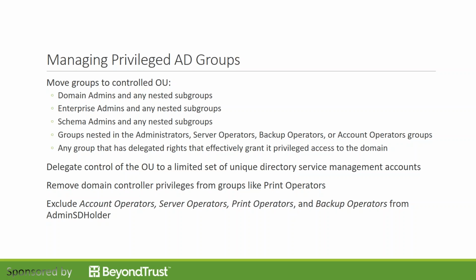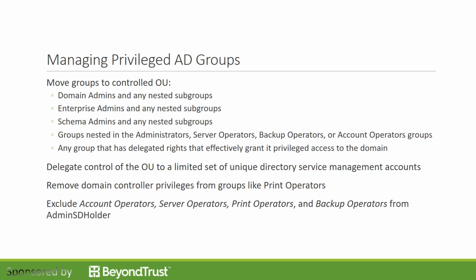So how do we actually manage these privileged AD groups? Well, one method that you can use if you don't have the means to deploy anything more sophisticated is that you can create an OU that will control the group membership of those three main privileged groups. So domain and enterprise and schema admins, and any nested subgroups if you have any.